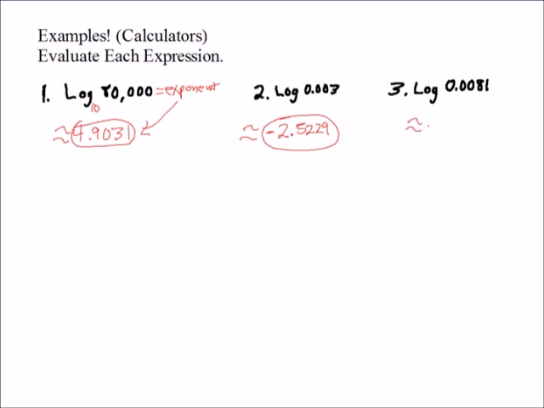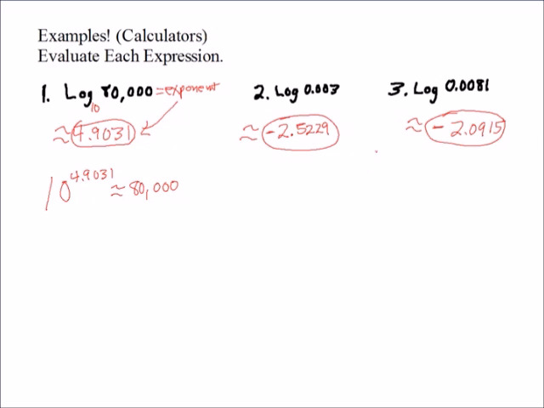This is going to be approximately negative 2.0915. If you think I'm lying, go ahead and plug that in your calculator, and you can pretty much check me on that. If you were to type in your graphing calculator 10 to the 4.9031, you're going to get approximately 80,000.